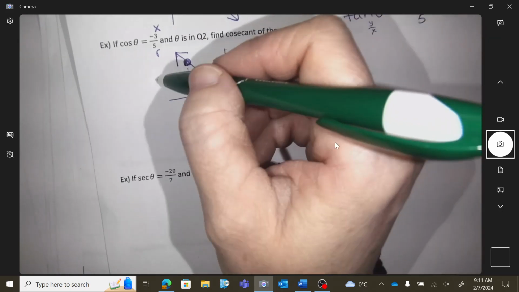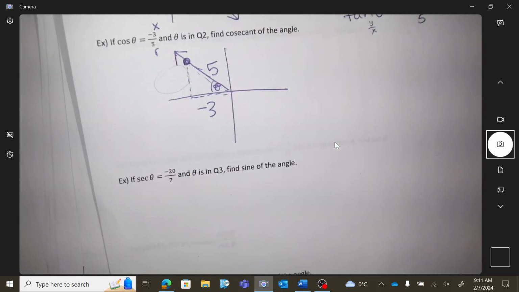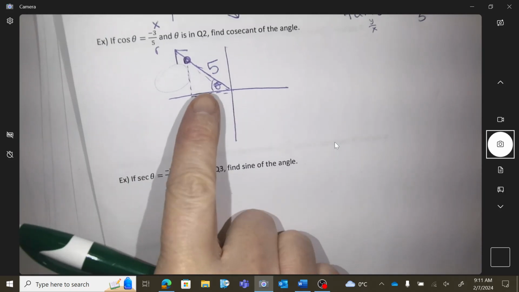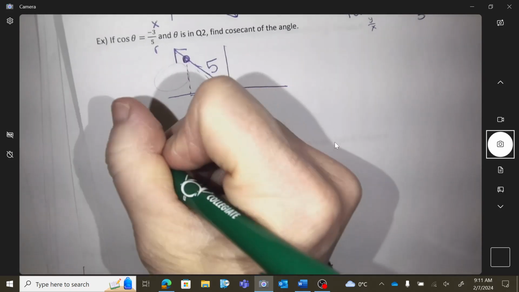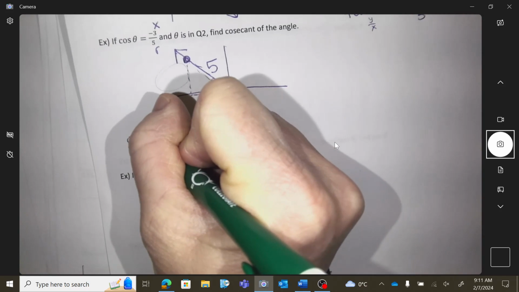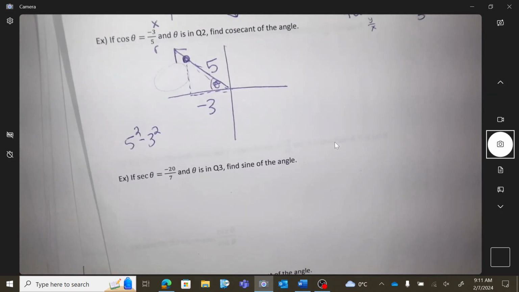So now I need the other side of the triangle. Okay, so we talked about Pythagorean theorem. This time you're not going to add though, right? You're going to have to subtract with it because it's not the big side. So 5 squared subtract 3 squared is what you should be calculating with. I'm not using a -3 because I'm using Pythagorean theorem distances, not directions.